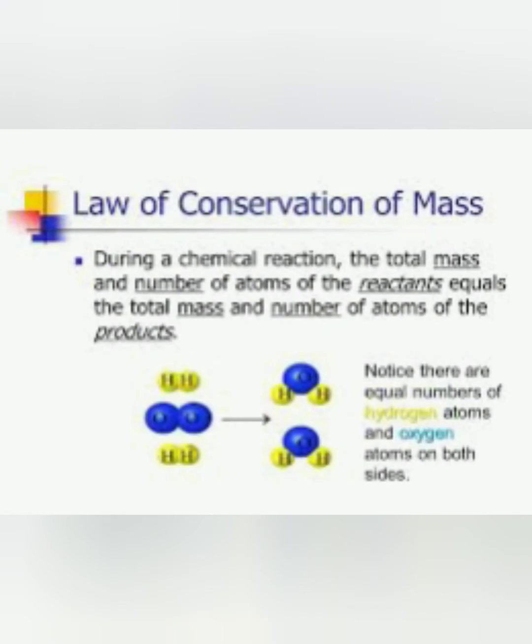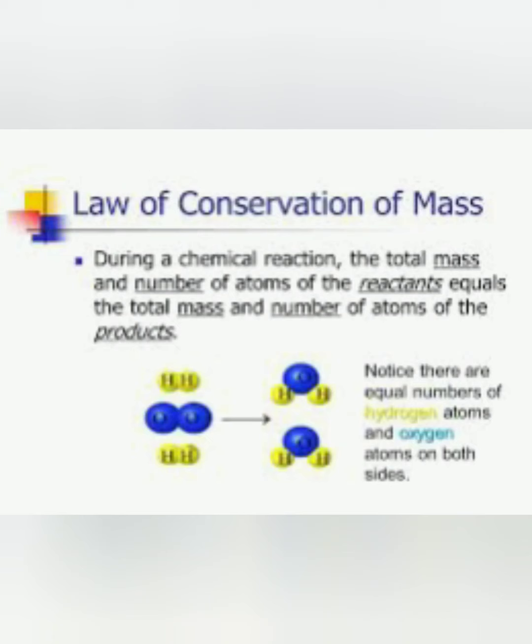We have studied here only 2 laws and these laws are, number 1 is law of conservation of mass, means mass can never be created, cannot be destroyed, but changes from one form to another.